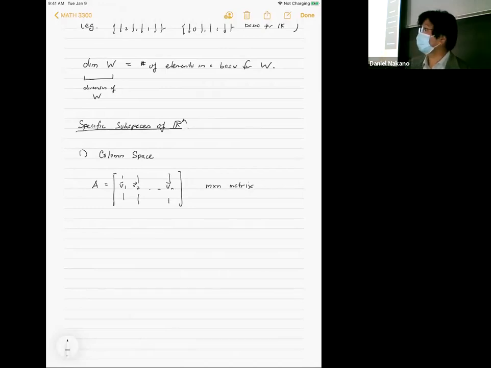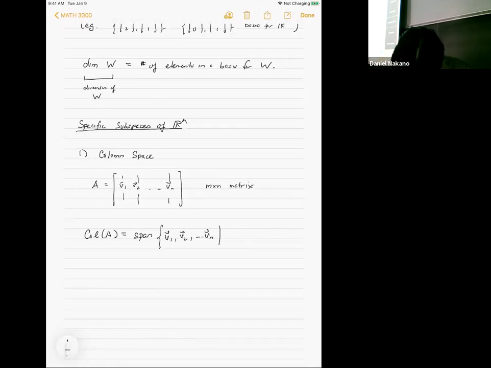There are n columns. Just because you have n vectors doesn't mean they're linearly independent. So I can still look at the span of the columns and ask what a basis is for the column space. The column space of A is equal to the span of the columns of this matrix.